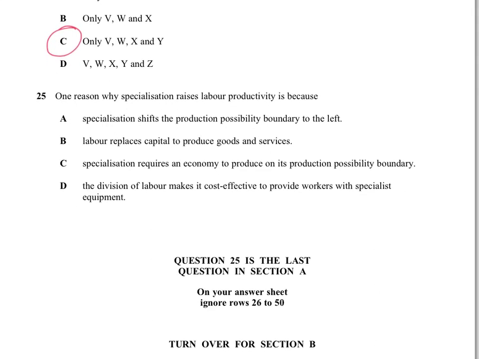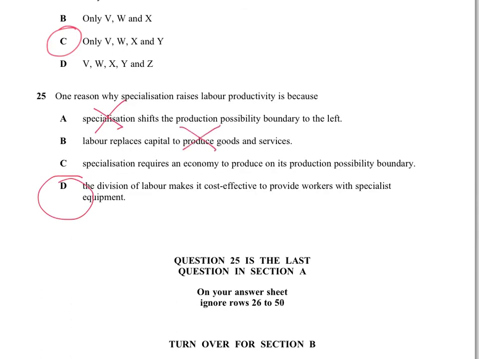Final question, number 25. Labour productivity. One reason why specialisation raises productivity. Our answer in this question is D. Let's look through the answers possible. Specialisation shifts the PPF to the left. Specialisation would actually shift it to the right because you'd be more productive. Labour replaces capital.